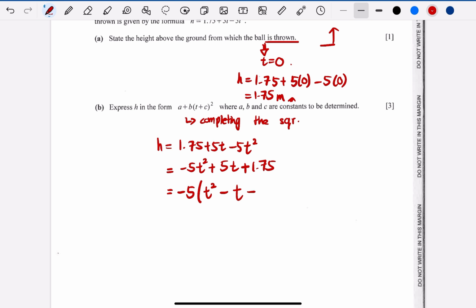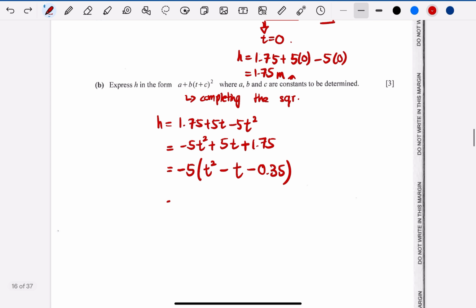And I factorize out 5 from 1.75, I will get 0.35. So you can just double check, take 5 multiplied by this, you'll get this value still. If yes, it means you're correct.